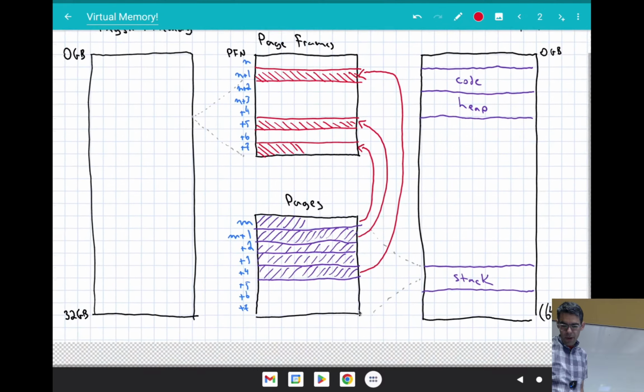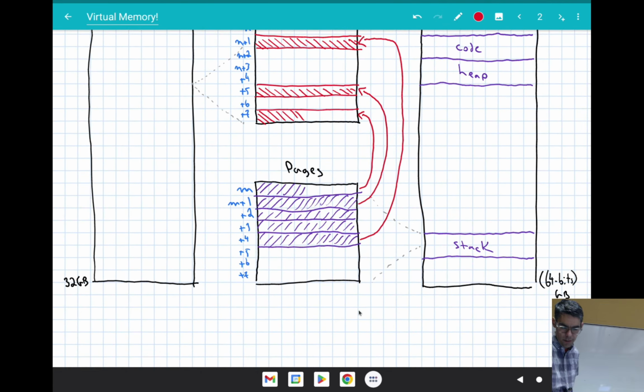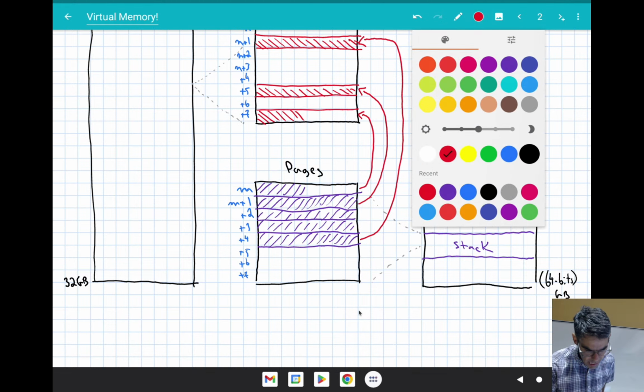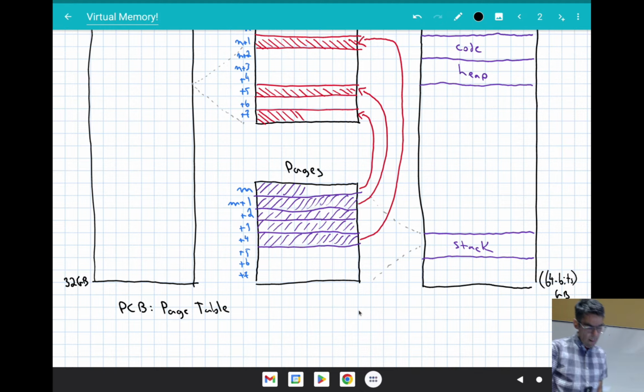The way that our operating system is going to have to work with this structure is that in the process control block for the process, we're going to have a page table. The page table is going to be the mapping between the virtual address, the virtual page number, and the physical page frame where that thing is stored.